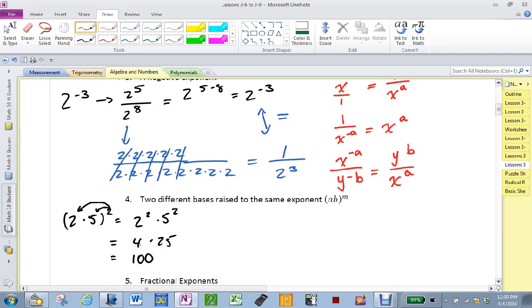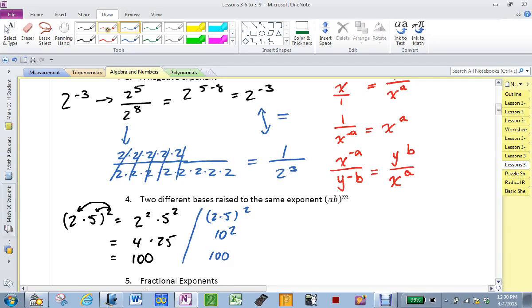Right? Cool? And the other way we did it in grade 9 was this. We did 2 times 5, didn't we? 2 times 5 squared became 10 squared, which became 100. Right? And in grade 9, we could always do that, couldn't we? Because we were always using numbers.